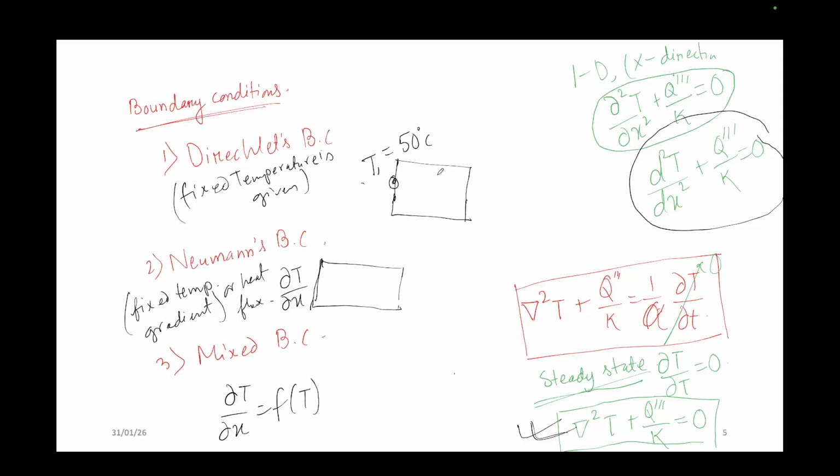In the first case, you know the temperature is a constant. It will not change with time, or it will not change with the distance. At this line, it is always fixed. And here del T del X is fixed. It will not change with time. But in the mixed boundary condition, del T del X is a function of time. You got it?